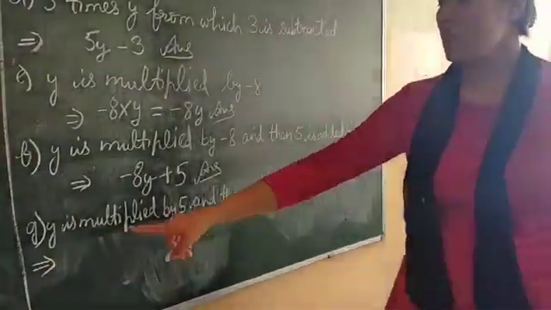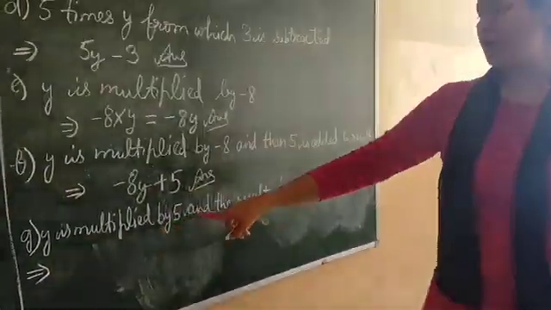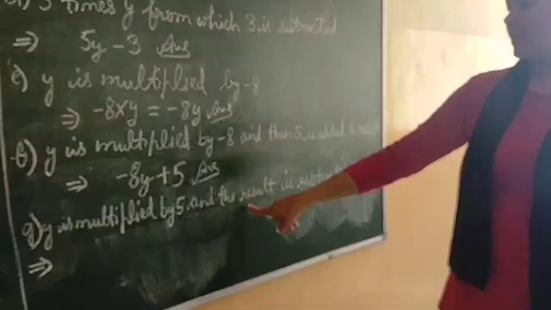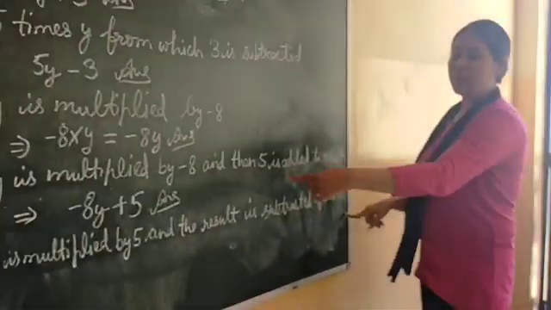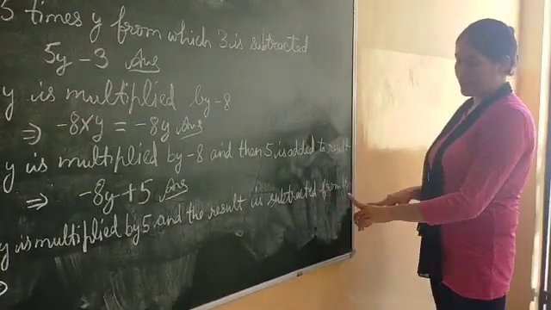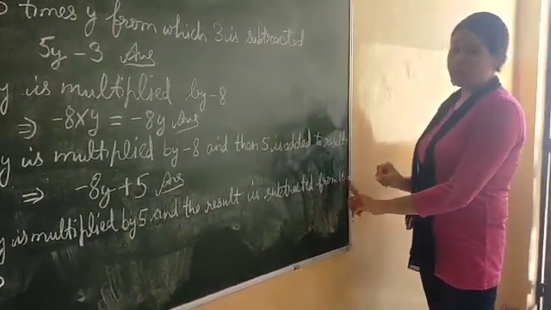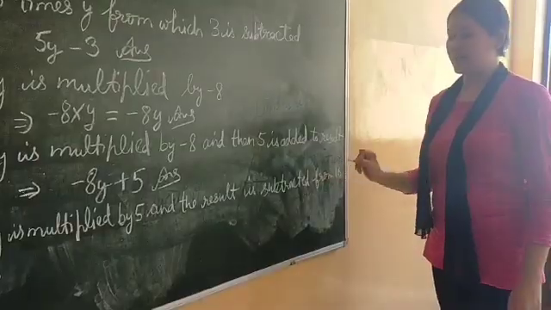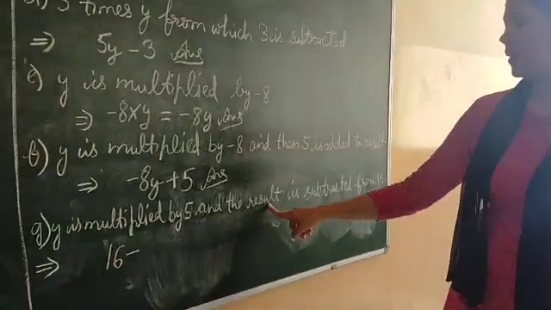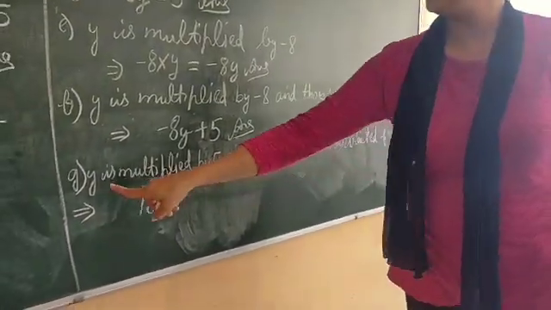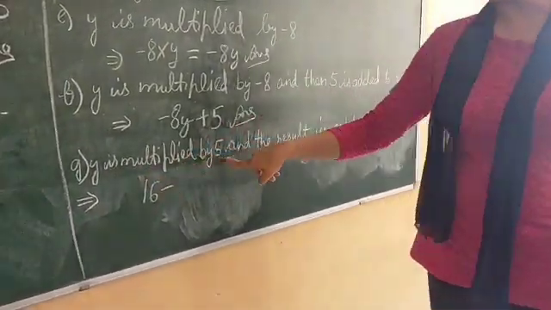G part, y is multiplied by 5 and the result is subtracted from 16. This multiplied result you have to subtract from 16. It means 16 will come first because it is written after from. From 16 you have to subtract result of this. It means y is multiplied by 5.